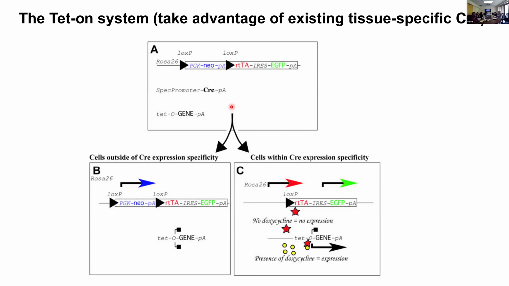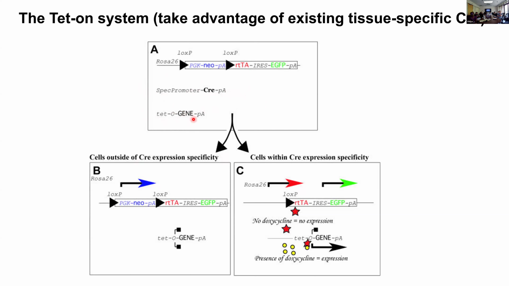We have Ring1D Cre; you can have a smooth muscle Cre, a nephrin Cre to label the podocytes, or a Cre that labels the endothelial cells. People have generated large collections of tissue-specific Cres, so that is an easy one. And then you use the TET-O, another way to call the TRE, with your gene of interest.